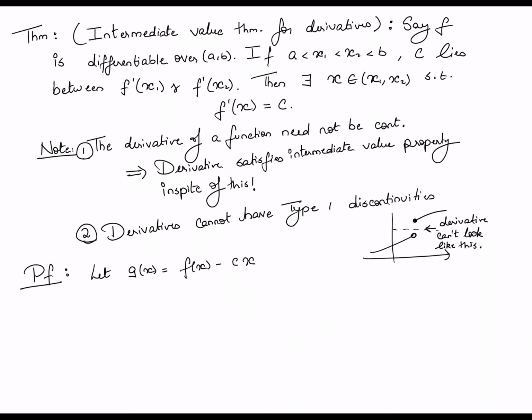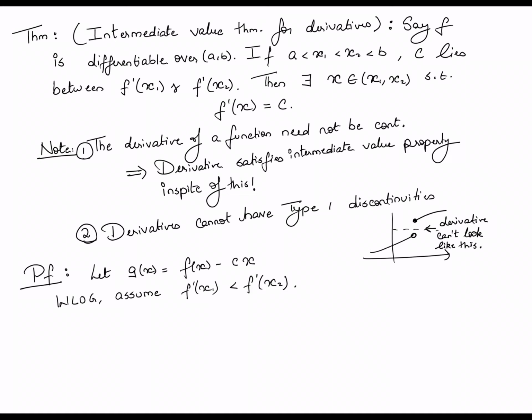Okay, so the first thing we note, and let's assume without loss of generality, assume that f prime of x1 is less than f prime of x2. Had the inequality been reversed, then nothing really changes. You can just multiply f by minus 1 if need be and make this get satisfied, right? So this is without loss of generality.